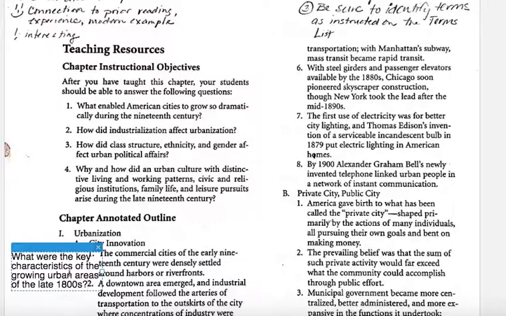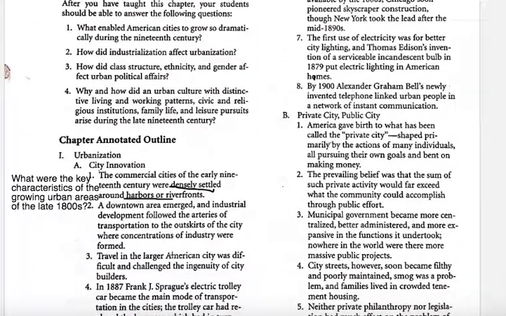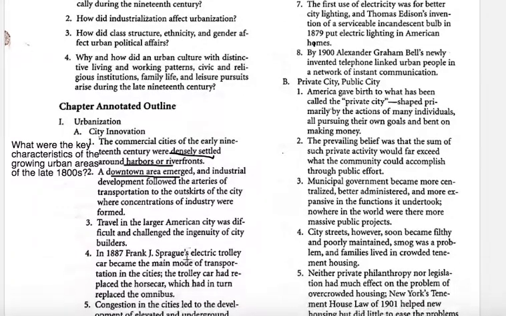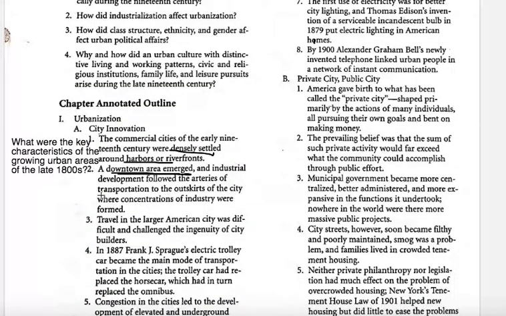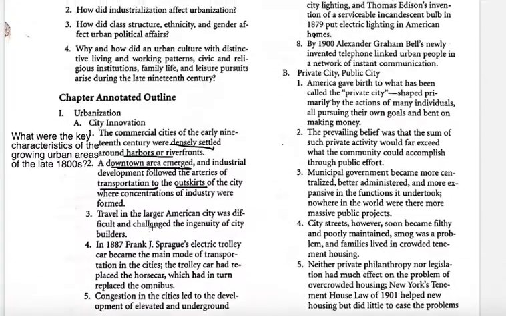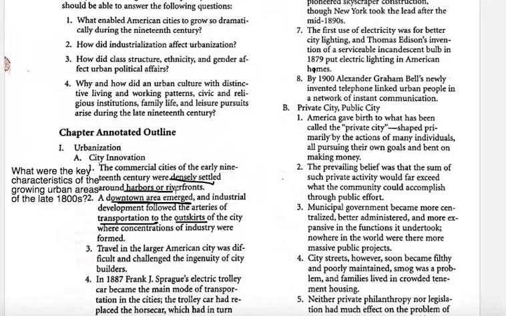So there's a question there, and then I'd probably want to go through and maybe underline some of the answers to that, right? So like densely settled around harbors and riverfronts. There was a downtown area that emerged. It was around arteries of transportation on the outskirts of the city. So there's a couple of answers, and then I could read further and I could answer those questions.